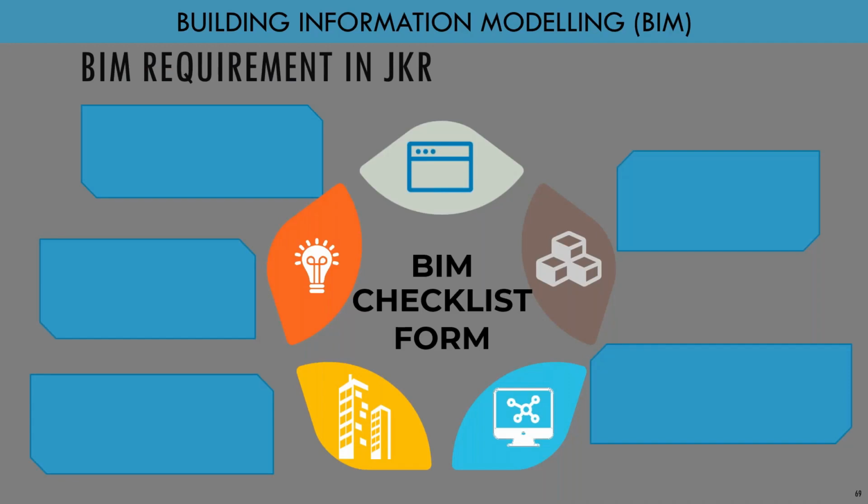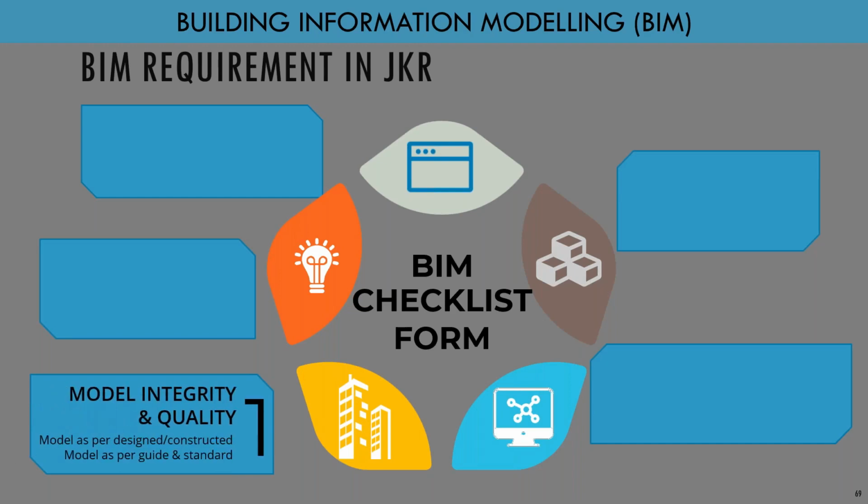So when we talk about a BIM model, in JKR we have our checklist form in order to make sure the consultant and contractor can follow the requirement that we want. The first one is we will check model integrity quality.